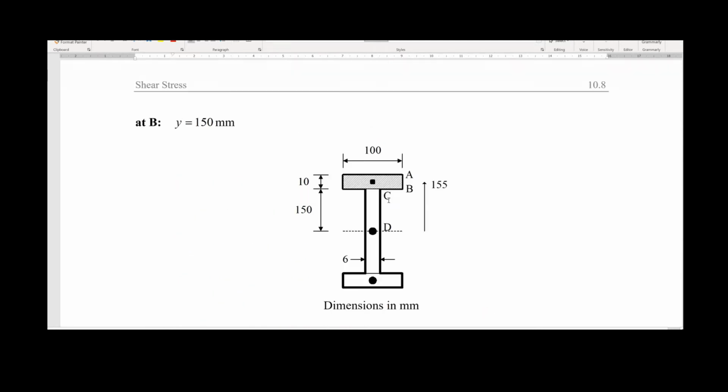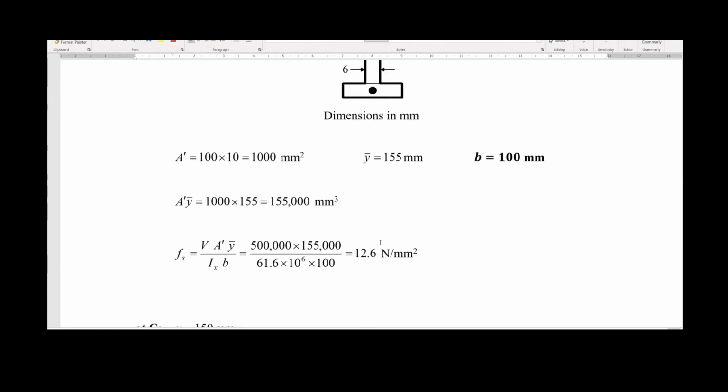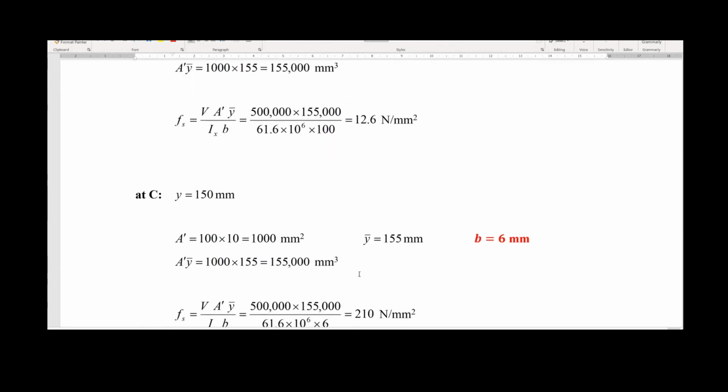The point C is immediately after this final fiber of this rectangle, this winding here. So automatically we have to notice that B will change suddenly from 100 to 6 millimeters. And this is the key for the next result. This is why it's in red in here.